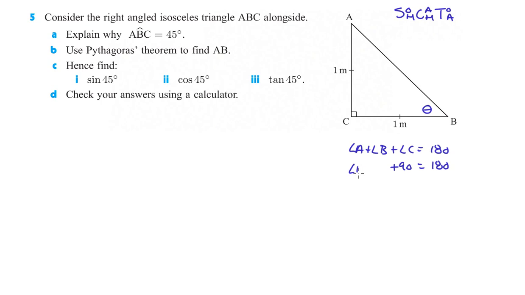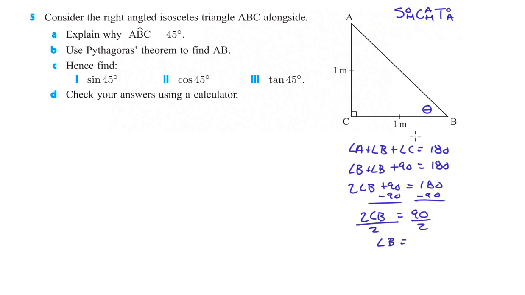So I'm going to substitute angle B in for angle A, plus angle B. That means 2 angle B's plus 90 have to equal 180. So we subtract 90 from both sides. 2 angle B's is going to have to equal 90 degrees. So we divide both sides by 2, because those two angles have to share evenly what's left over, which gives us 45 degrees.